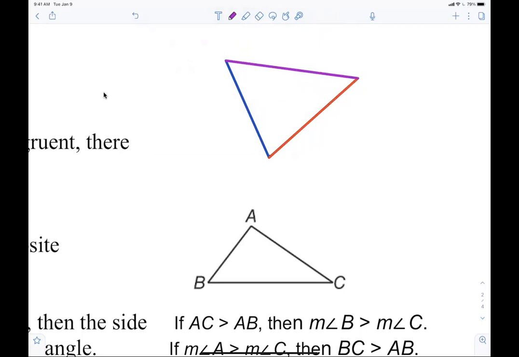Does everybody agree with that? Does that make sense? All right. The other thing that helped me out on this was if I have an equal angular triangle, what's true about all the sides? They're equal, right? So if the angles are equal, the sides are equal. If the angles are different, then what? The sides are different.